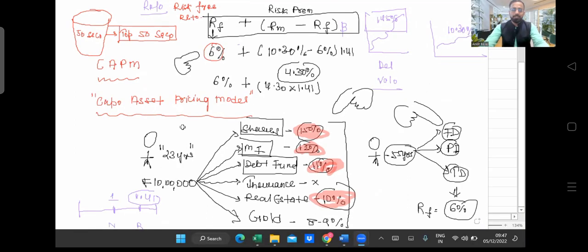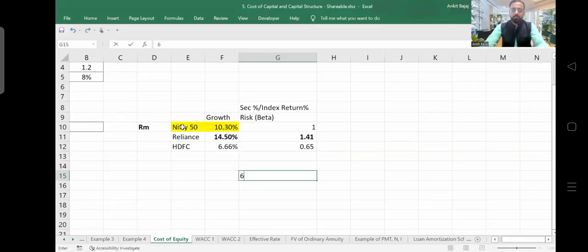So it is 6% plus 4.3% into 1.41, right? If I solve this equation, we will see what answer we are getting.